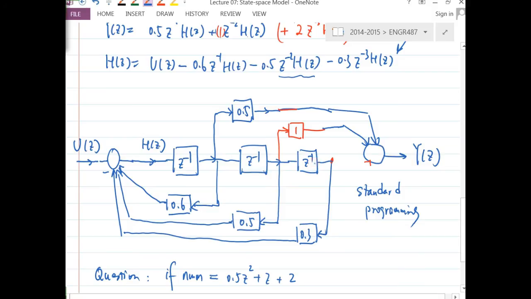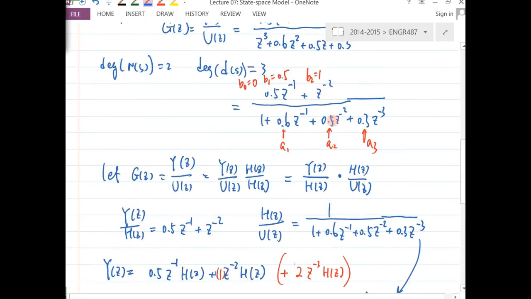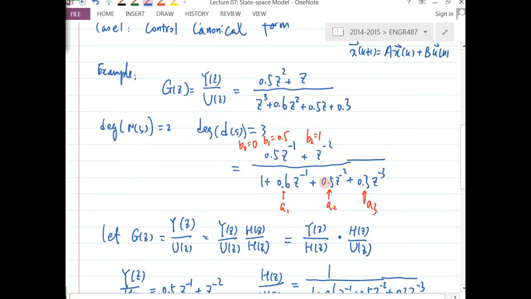If you get a question where your numerator is a degree higher than your denominator, should you continue on? Basically, if the numerator is higher than the denominator, you need to use long division first. It's like 7/5: you get 1 plus 2/5. Same thing here: you extract out the additional part and add it to the standard format. Is it actually physical to have a larger numerator? No, it's not.